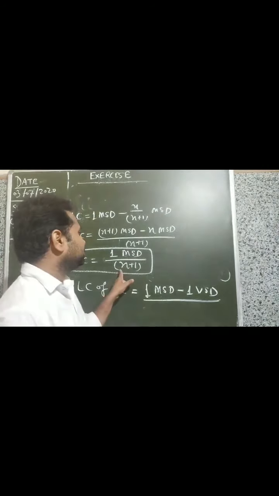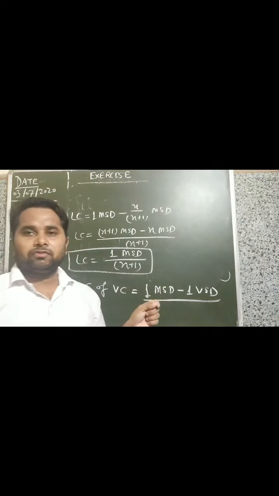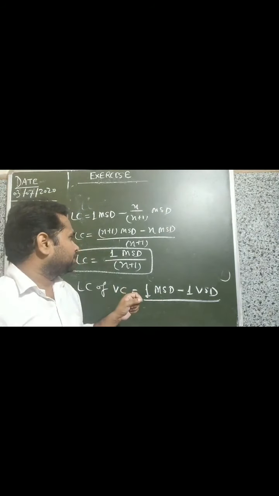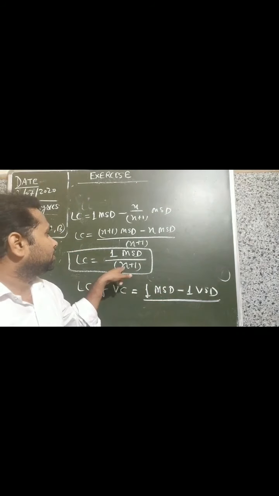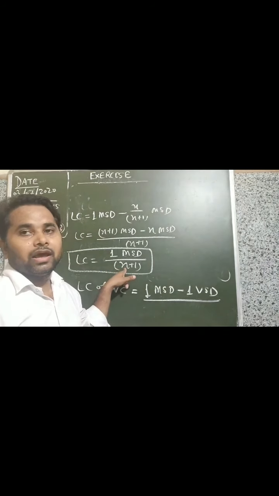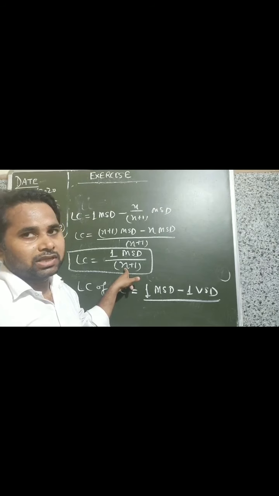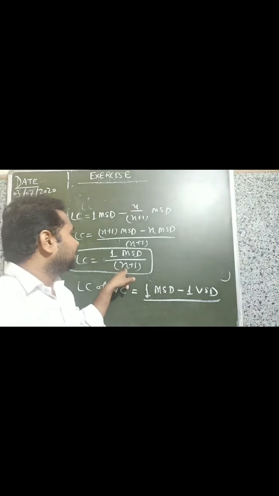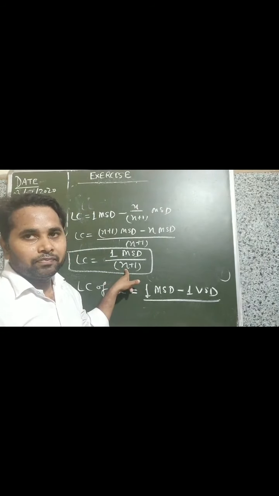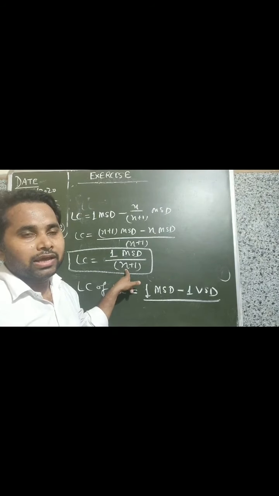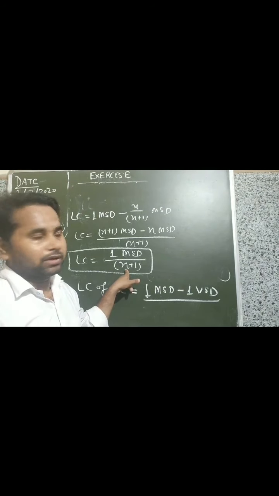This is a general expression, but when you get the Vernier calipers in the laboratory, you will see this n. What is n? n is the number of divisions on the main scale at which the n plus 1th division of the Vernier scale coincides. In general, the value of n is 9, and n plus 1 is 10.